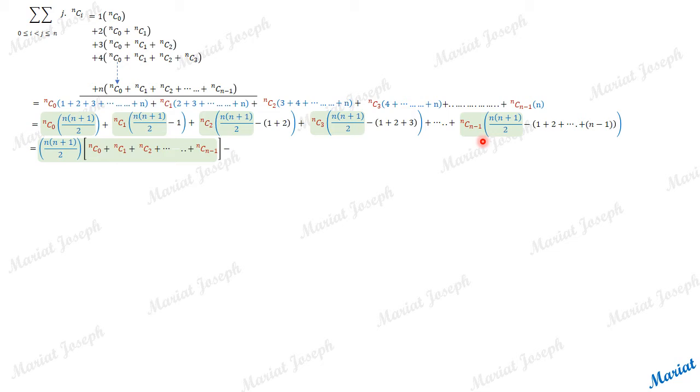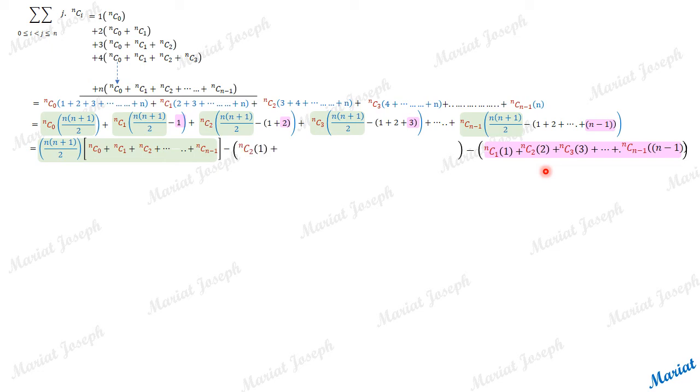Now, the remaining terms also come up. From there, I collect another group of terms. Here it is 1 into NC1, 2 into NC2, 3 into NC3, etc. n minus 1 times NCn minus 1. That's collected out here.